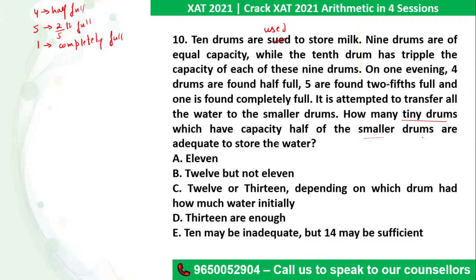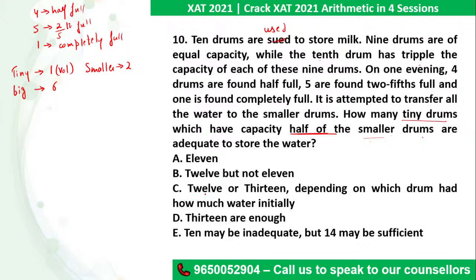So if tiny drums have 1 unit volume, then the smaller one would have 2 units. Tiny is half of the smaller, and this 10th drum, the biggest, will have triple of these smaller ones, so it is 6 units.